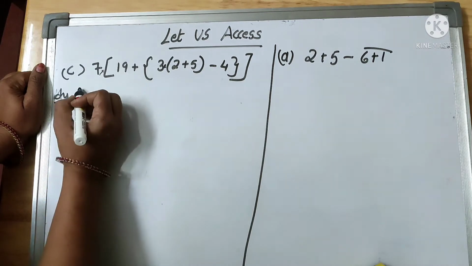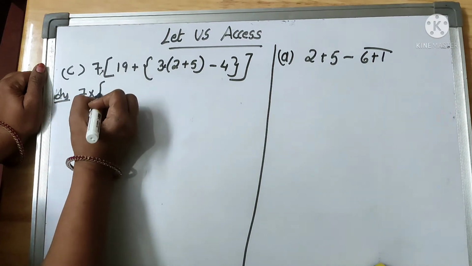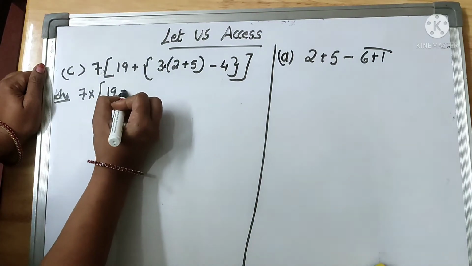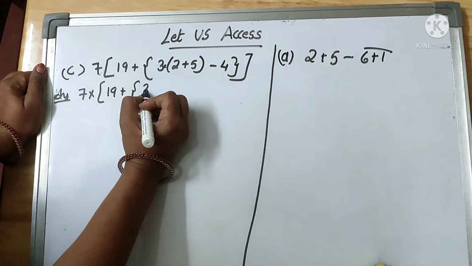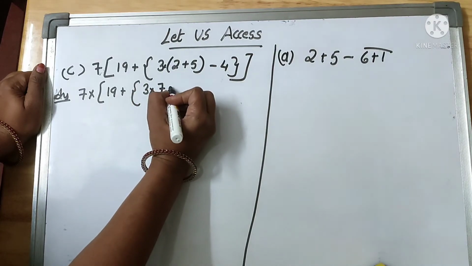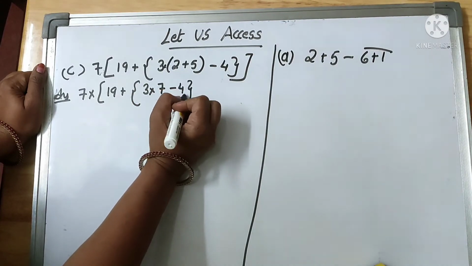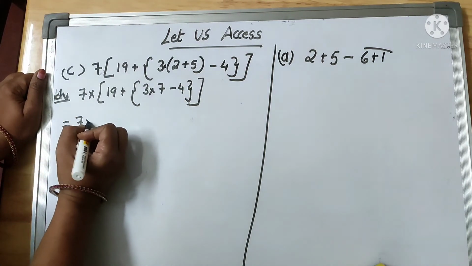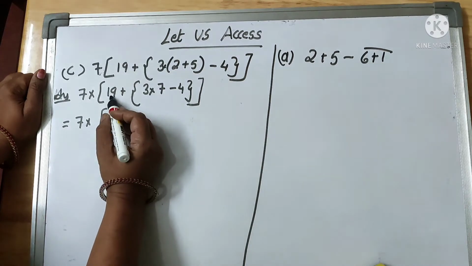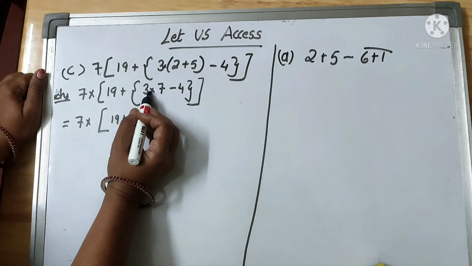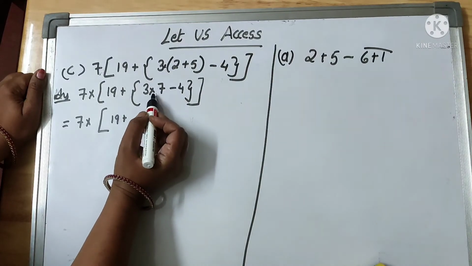Now you write in this form first. 7 into, if there is no sign, that means it's understood. 19 plus curly bracket started, 3 into 2 plus 5, it is 7, 3 into 7 minus 4, curly bracket closed, then square bracket. Which is equal to 7 into the square bracket 19 plus, now 7 3s are 21, here there is 3 into 7 minus 4 inside the curly bracket.